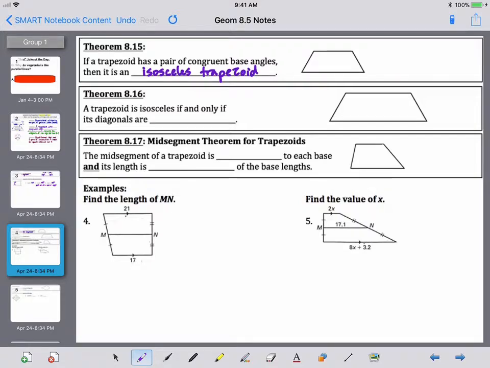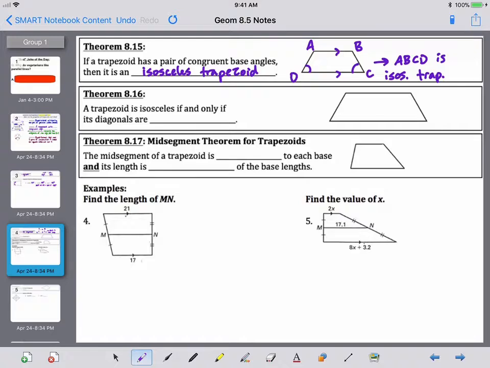Let's name this A, B, C, D. So if we have a trapezoid and we know the top two angles are congruent, well, then we can say ABCD is an isosceles trapezoid. Okay, so you only need to have one pair of base angles for that to be true.